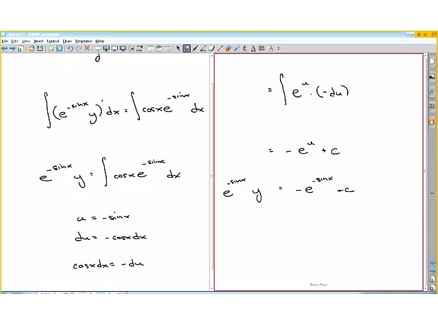So now all we have to do is divide the whole thing by e to the minus sine of x. You can see those cancel out. And so we get y is equal to minus e to the minus sine of x divided by e to the minus sine of x, which is going to just end up being -1, plus c divided by e to the minus sine of x.